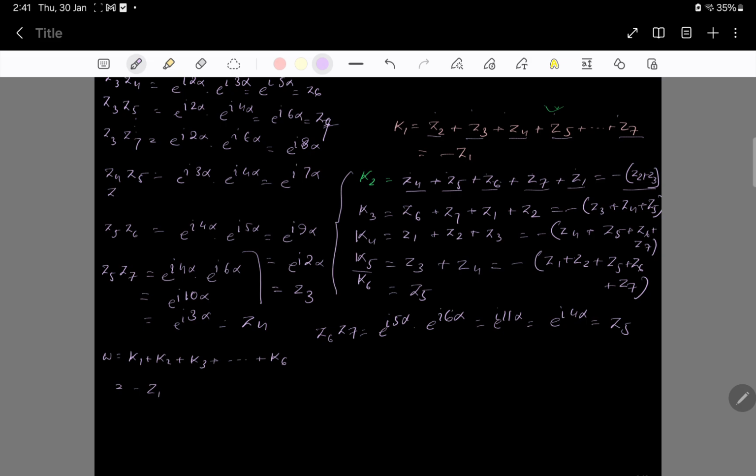Now k1 was minus z1, k2 is minus z2 plus z3, k3 is minus z3 z4 plus z5, k4 is minus z4 plus z5 plus z6 plus z7. k5 means minus z1 plus z2 plus z5 plus z6 plus z7.